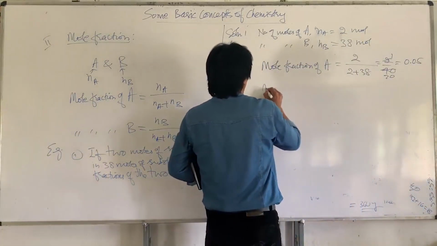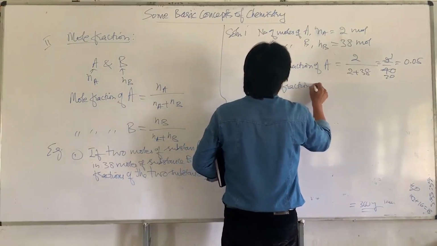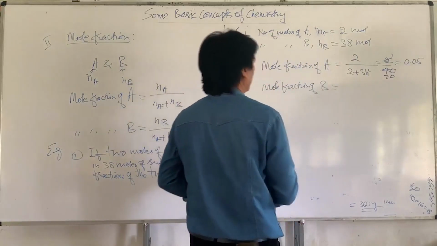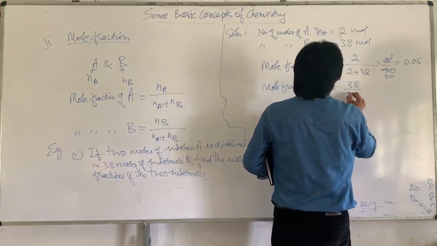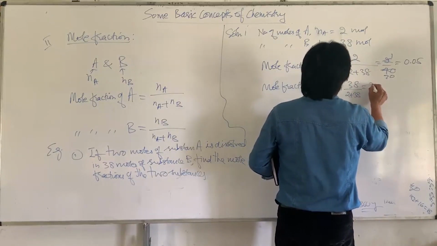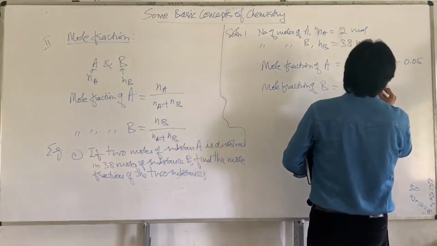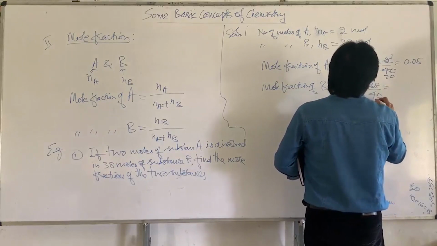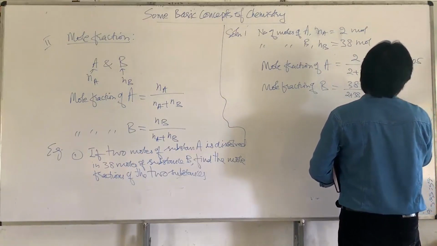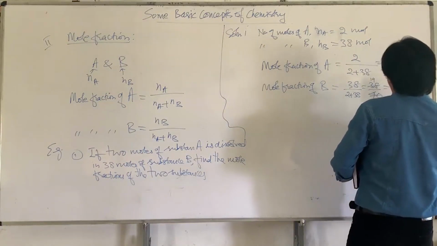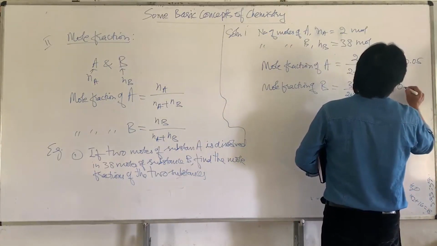And then to find the mole fraction of the second component B, it is the number of moles of component B, 38, divided by 2 plus 38, the same thing, it is nothing but 38 divided by 40. So when you divide 38 by 40, you get 0.95.